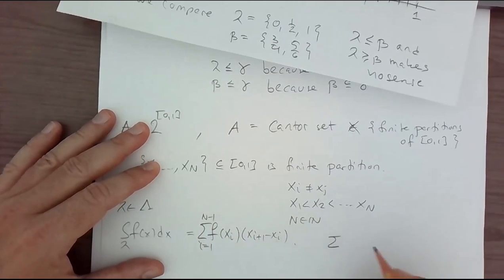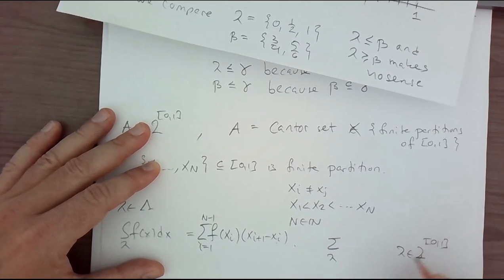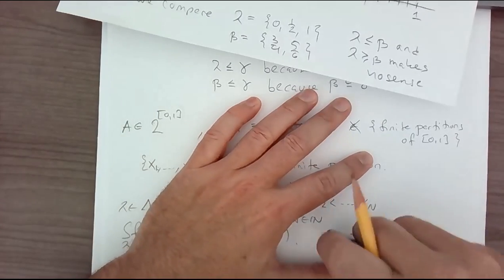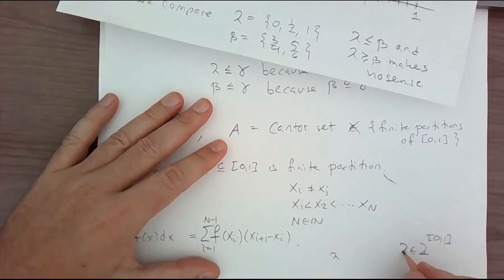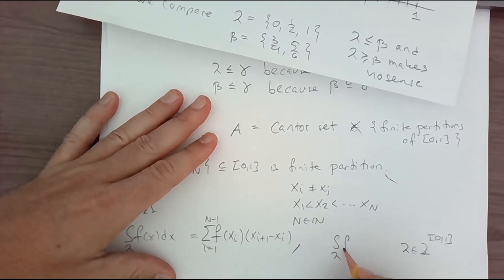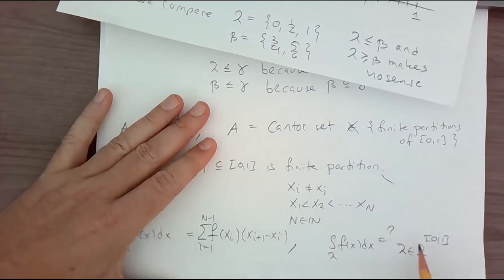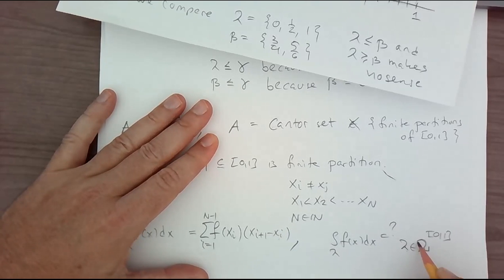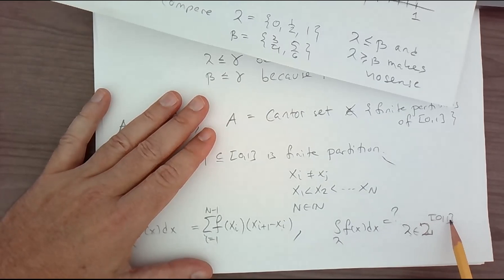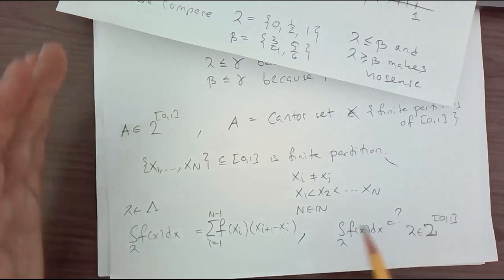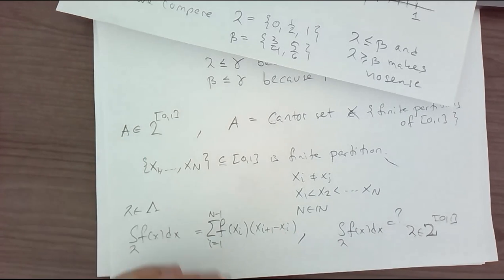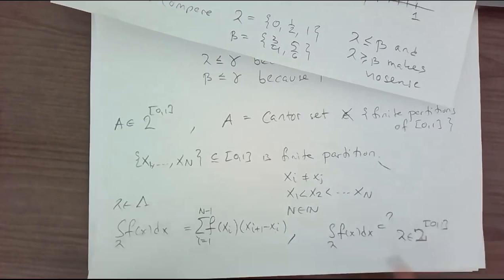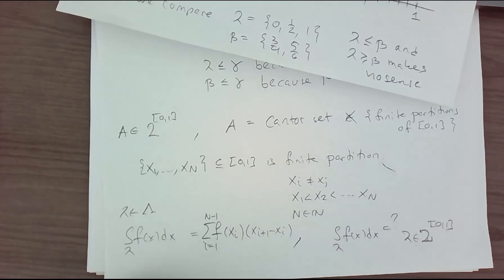If lambda would be an arbitrary set inside here, I wouldn't know how to define this integral for such a subset, but I know how to do it for these finite partitions. So this structure here is too rich; it's too complicated for this application.